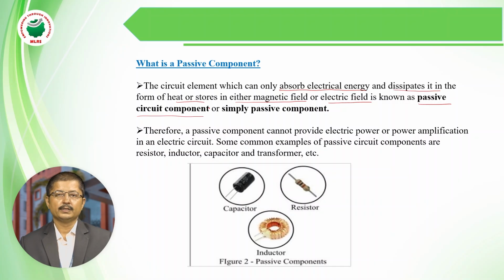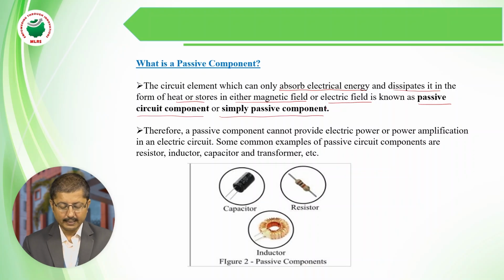So passive means they have to consume the energy, or store the energy in the form of a magnetic field or electric field. Examples of passive components are resistor, inductor, capacitor, and transformer, etc.